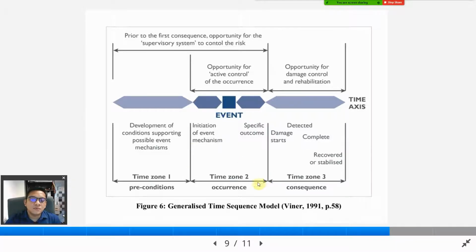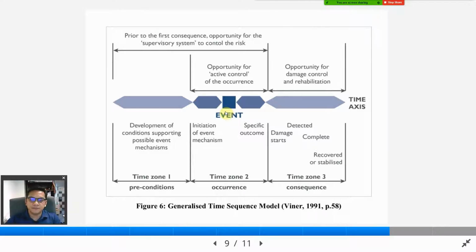So time zone 2 is the occurrence. In the occurrence, there are three divisions: 1, 2, 3. If you look at the middle, this is the event. The event is the event. What is the event? Explosion, fire, people are poisoned, people got torn ligament, the structure collapse, something from overfall.